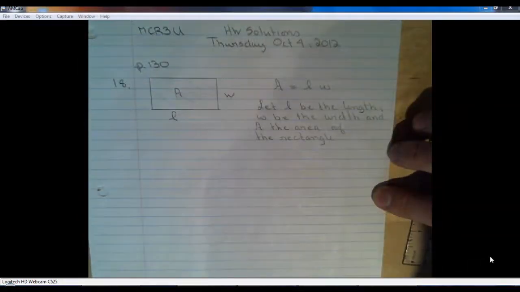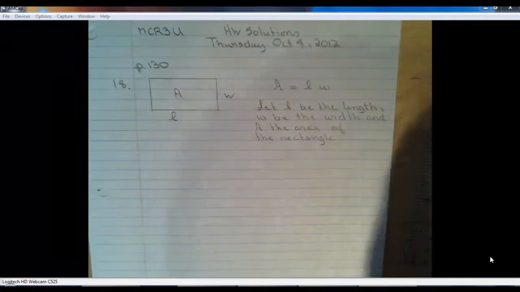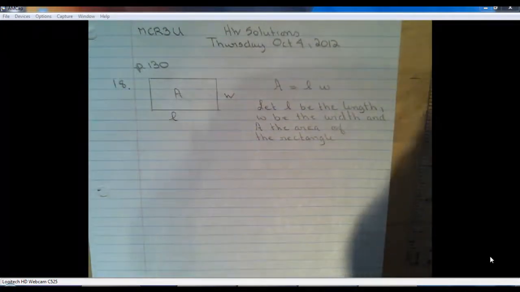Let's take a look at the word problem now and try to extract some information to help us, because all we have now is an area, length times width.